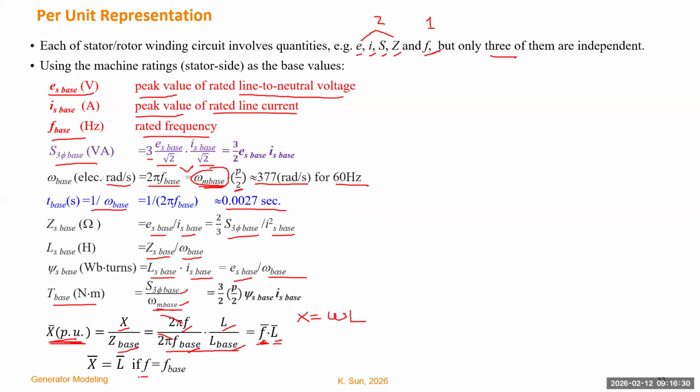If you have a power system whose frequency is exactly at frequency base, for instance 60 Hertz, then the inductance and the reactance in per unit will have exactly the same value. That's very convenient. If your frequency can maintain at around 60 Hertz, later in the equations you can always replace any L by X or X by L.